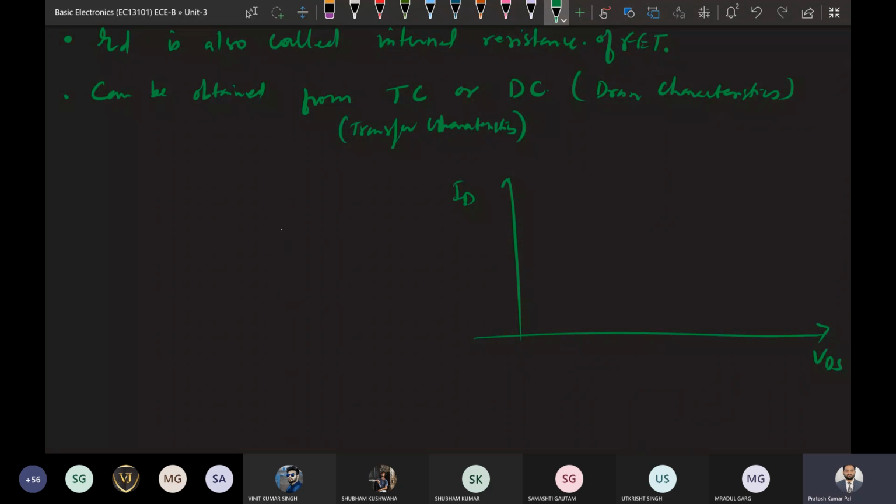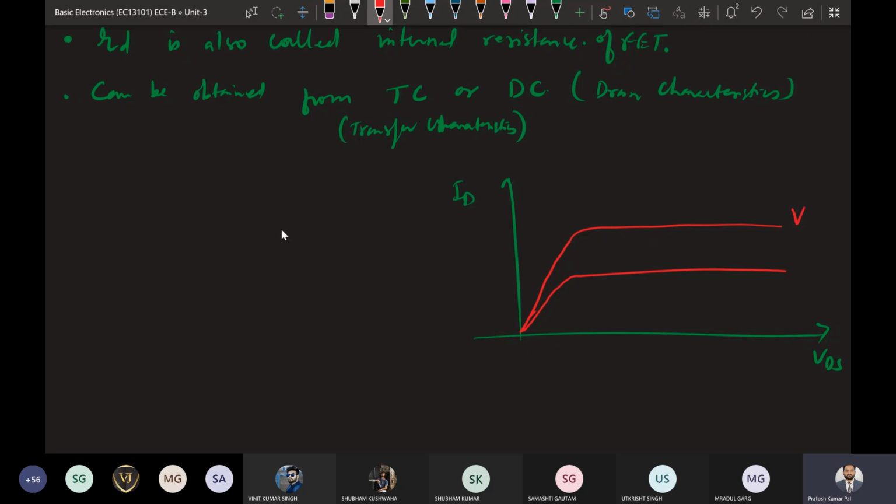As we increase the VDS, the current increases linearly, and after the pinch off, it becomes constant. Suppose VGS is reduced, then it will increase and then become constant.